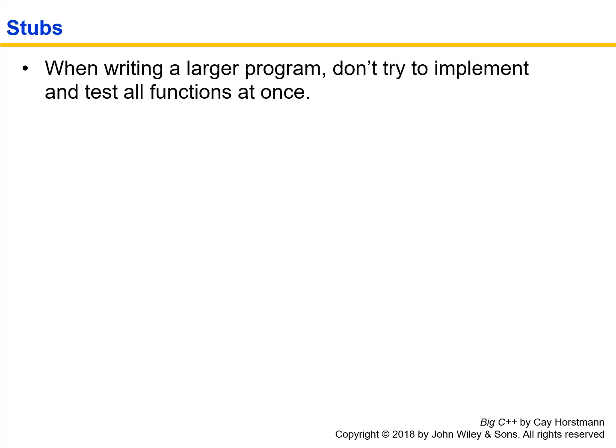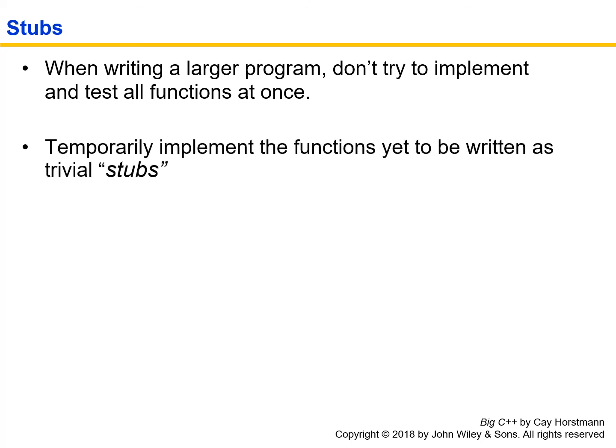When you're writing a larger program and you know you're going to have lots of smaller functions that add up to a bigger program, don't try to write and test all of your functions at once, because something's going to break and it's going to be very difficult to figure out which thing is broken. The best thing to do is to write the functions that you haven't written yet, whether you know how to write them or not, as what we call stubs.